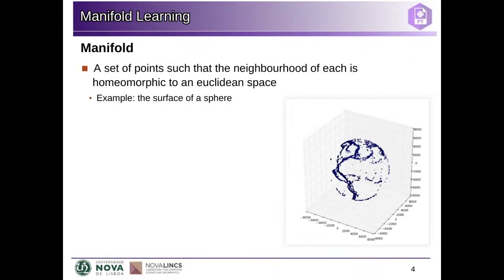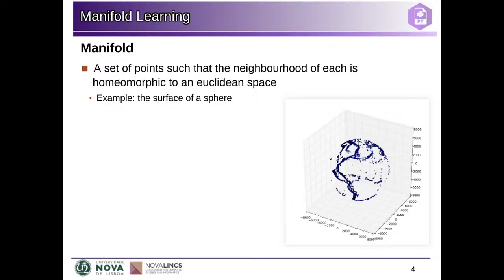So mathematically, a manifold is a set of points for which the neighborhood is homeomorphic to a Euclidean space. That is, around the neighborhood of each point, that neighborhood works like a Euclidean surface. For example, the surface of a sphere can be a manifold that is embedded in these three dimensions, but it's a lower dimensional space that locally approximates a Euclidean space.